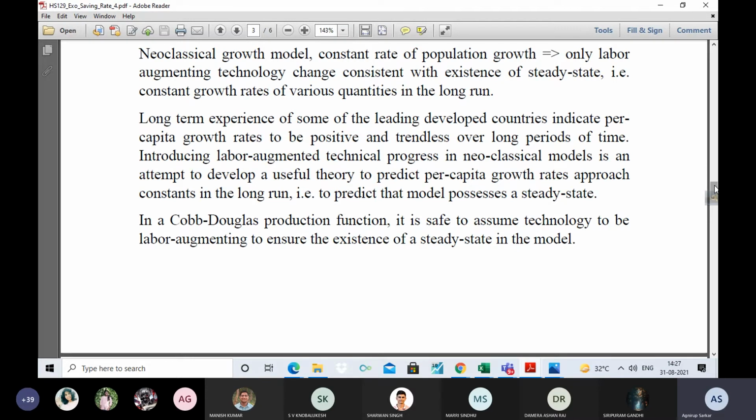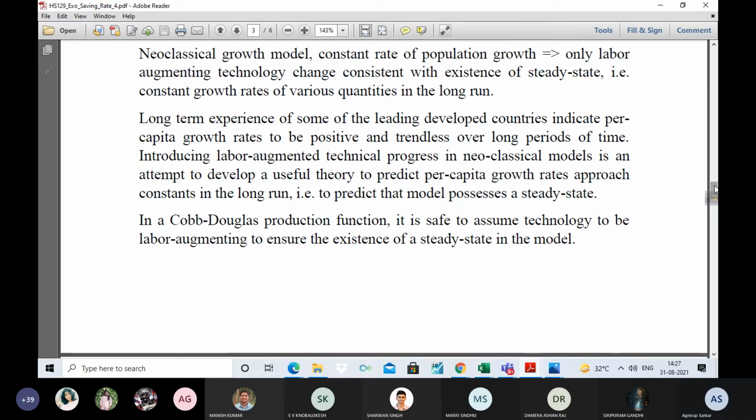Another approach, which would be substantially more complicated, would be to deal with models that have no steady states at all, that is, in which the various growth rates do not approach constants in the long run.